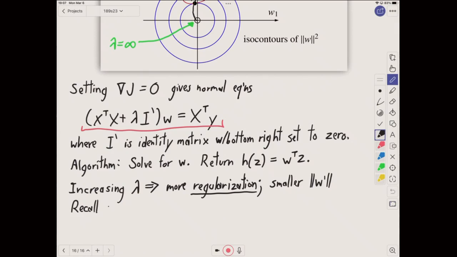Now, if you recall from the previous lecture on the bias variance trade-off, we had a data model where we assume that each label is defined by some unknown ground truth v. We multiply x by v, and then we add a noise vector.